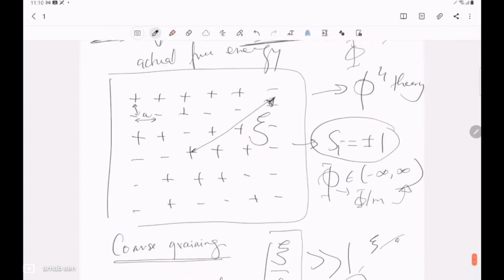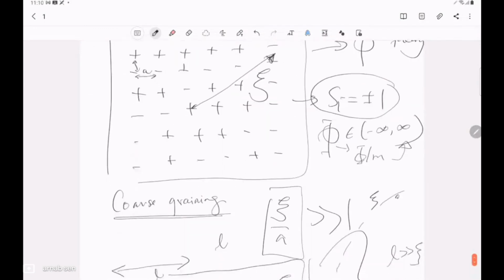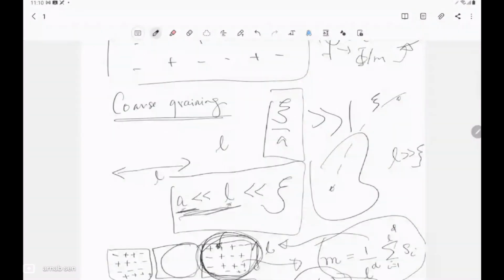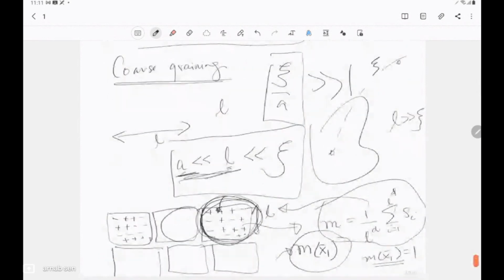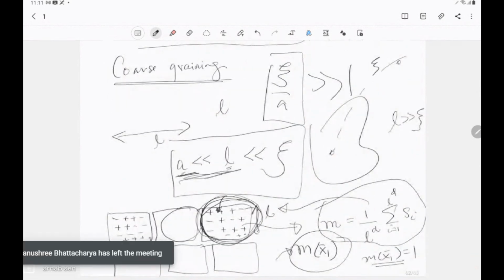In step one, you're coarse-graining the problem. You're not interested in all the microscopic details of what each degree of freedom is doing. That's why I'm saying there is already some sense of renormalization group entering here. You'll learn these things in more detail later on. You're not interested in the nitty-gritty details of what each microscopic spin is doing.